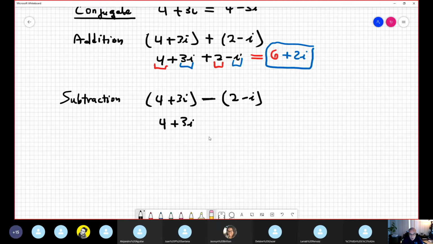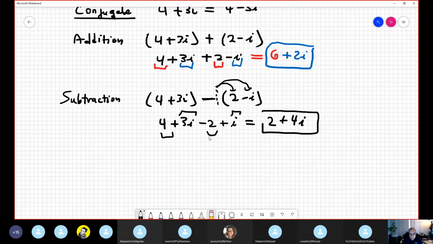The subtrahend part does not, because there is an invisible minus 1 in front, and when you distribute it, the signs change. This is minus 2 plus i. Now ready to combine later. 4 minus 2 is 2. And 3i plus 1i is 4i. Boom. Final answer. Addition, subtraction. Easy.